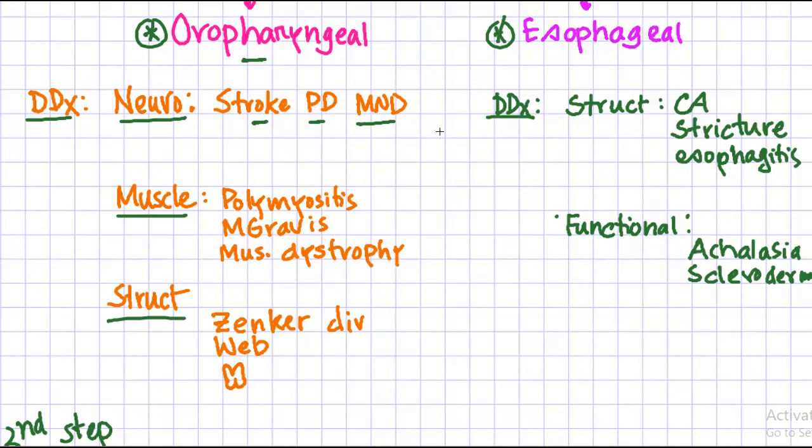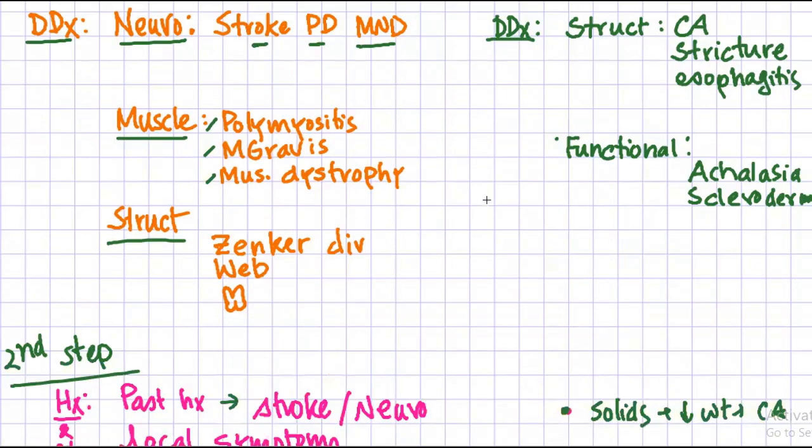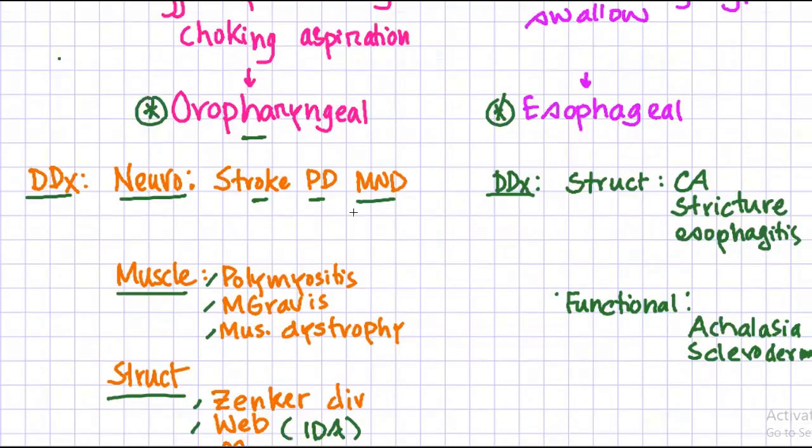The muscle diseases that can cause oropharyngeal dysphagia are polymyositis, myasthenia gravis, and muscular dystrophy. The structural causes may be Plummer-Vinson syndrome, such as associated with IDA, and thyroid diseases. So those are the differentials for oropharyngeal dysphagia.